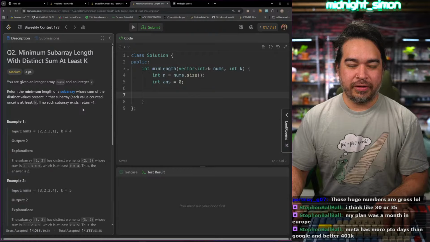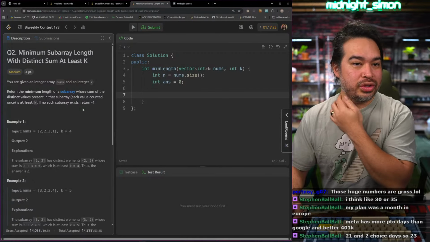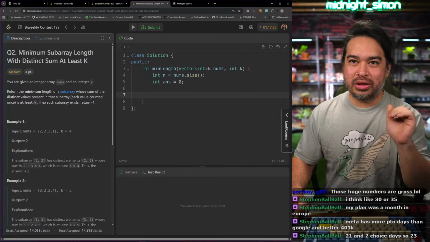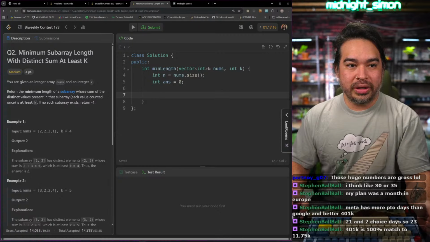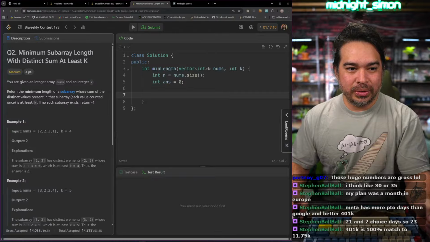And then 401k is a 50% match. 21 and 2 choice days, so 23, dang. Is it 23 for everybody? 401k is 100% matched. I guess that 401k is similar to Google though.